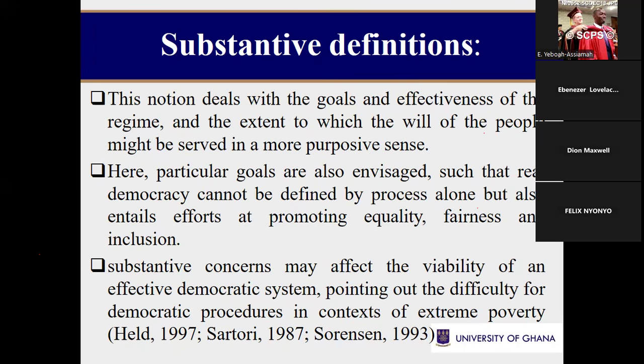Here, particular goals are envisaged such that real democracy cannot be defined by process alone, but also it entails efforts at promoting equality. To what extent has the regime been able to bridge the gap between the rich and the poor, the gap between maybe the northern sector and the southern sector? How is it addressing the inequality problem? In other words, how is it promoting equality?